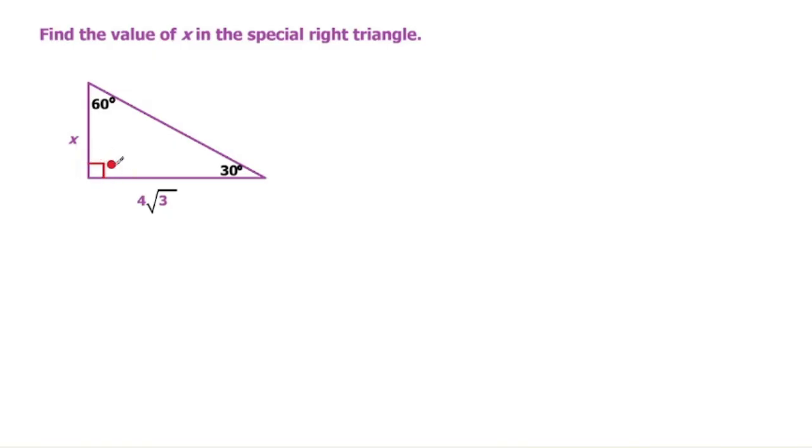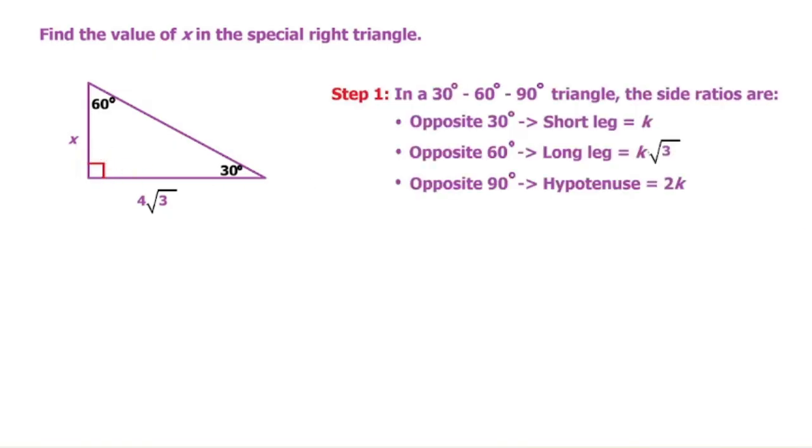That means 90 degrees. Okay, so in a 30, 60, 90 triangle, the side ratios are for the short leg, which is opposite the 30 degrees, it equals k. For the long leg that's opposite the 60 degrees, it's k times the square root of 3.